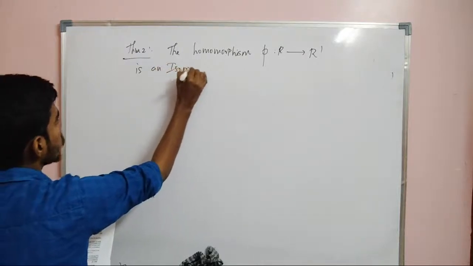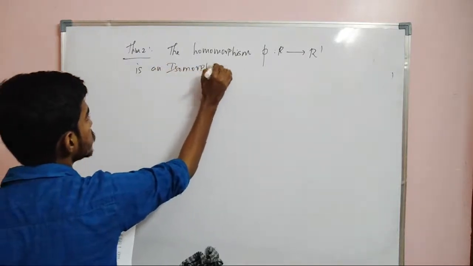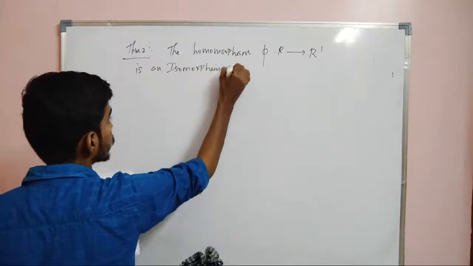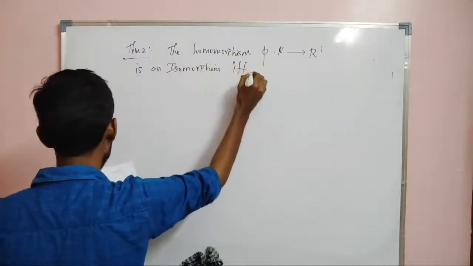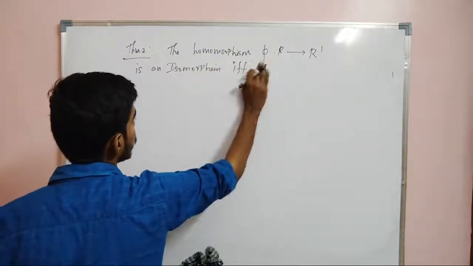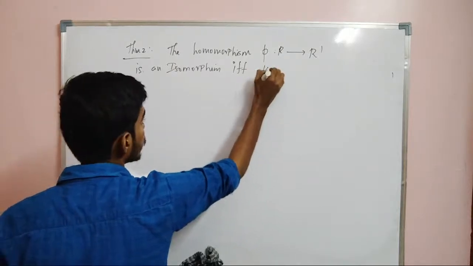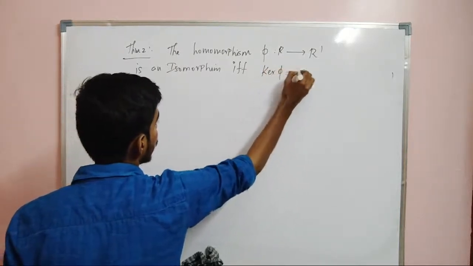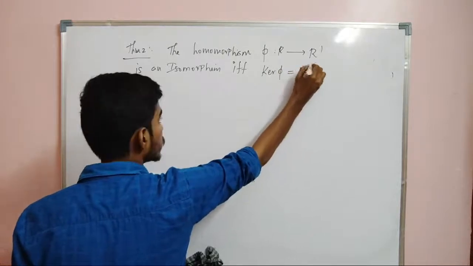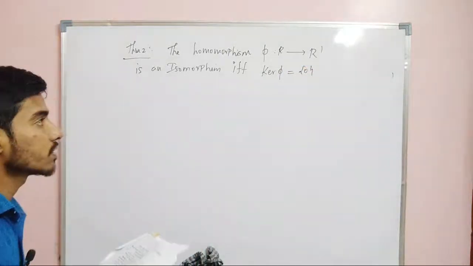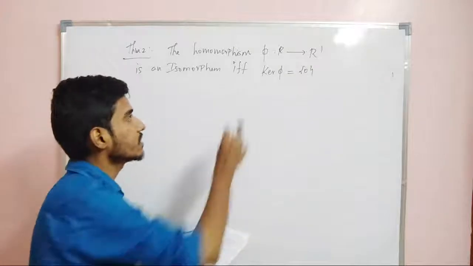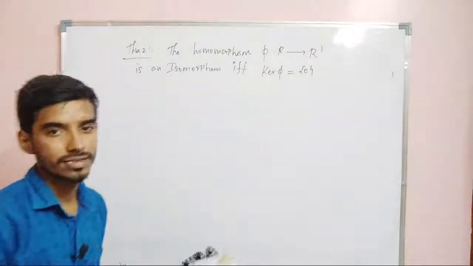This homomorphism will be an isomorphism if and only if, very important, if and only if the kernel of that map contains only the 0 element, right. Kernel of f contains only the 0, mapped by phi, that's it, no problem.